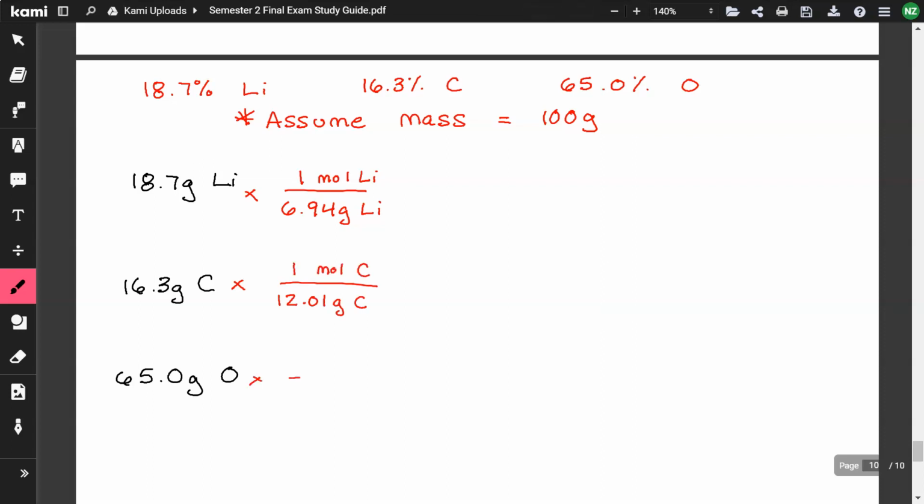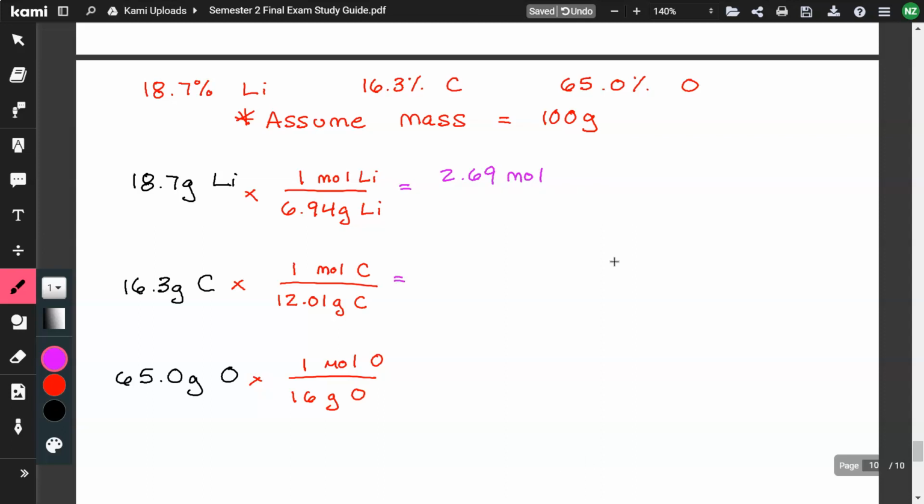And then finally, oxygen, it's 16 grams of oxygen in every 1 mole of oxygen. Okay, so we get 2.69 moles here, and we get 1.36 moles here, and then we get 4.06 moles here.